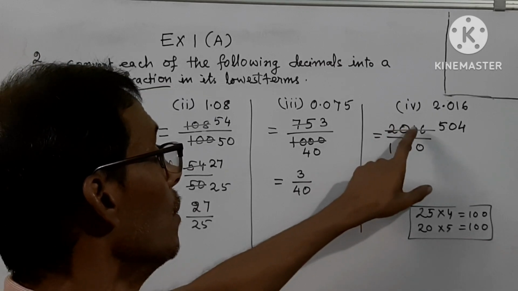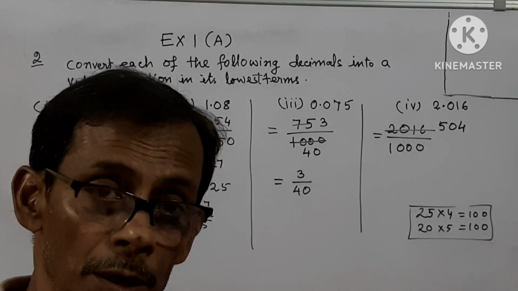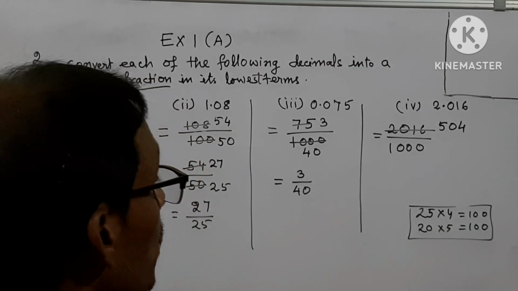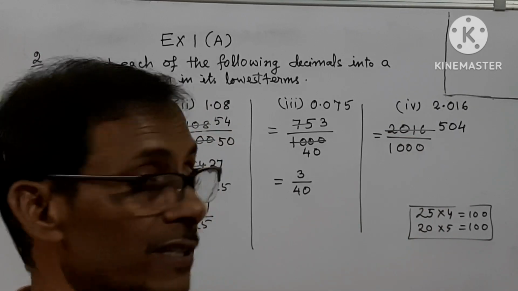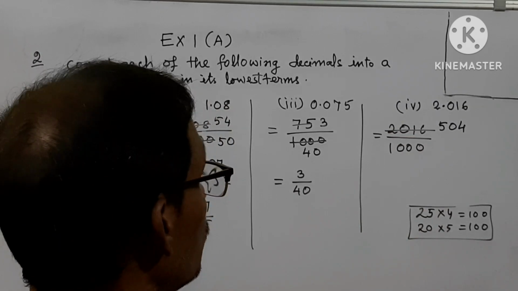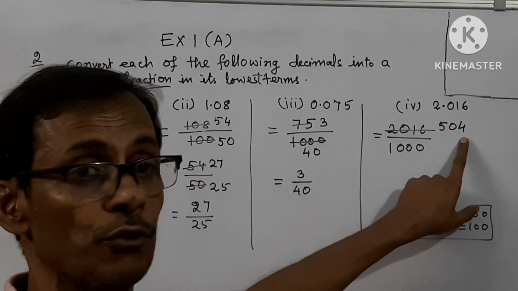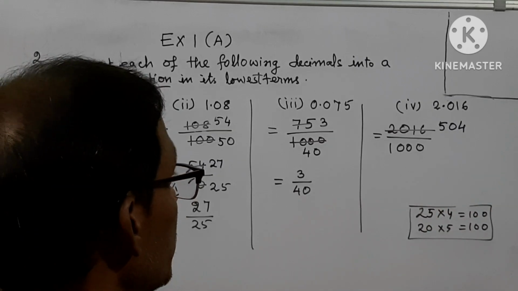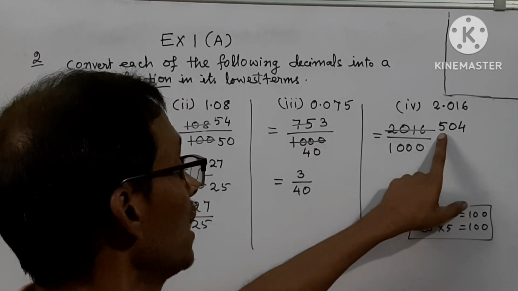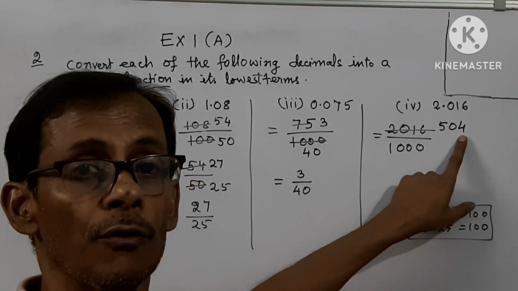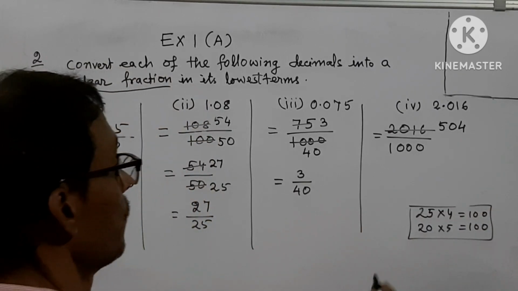If you are not very confident dividing in your memory, then probably you should write 2016 and divide it in your notebook by 4, and then you can see how 504 is coming. Many children I have seen, they don't know how to put this 0 and they make a mistake and write 54. That will be a mistake.